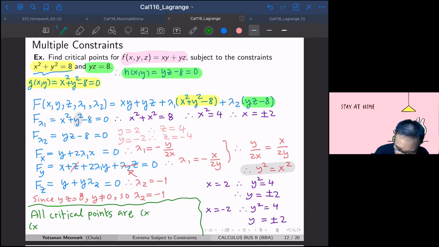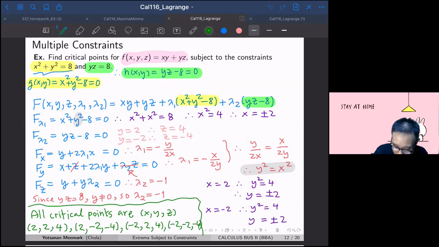So x equal to 2, y equal to 2, z equal to 4; x equal to 2, y equal to negative 2, z equal to negative 4; x equal to negative 2, y equal to 2, z equal to 4; and finally, negative 2, negative 2, and negative 4.